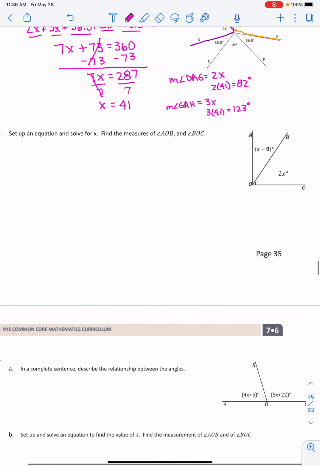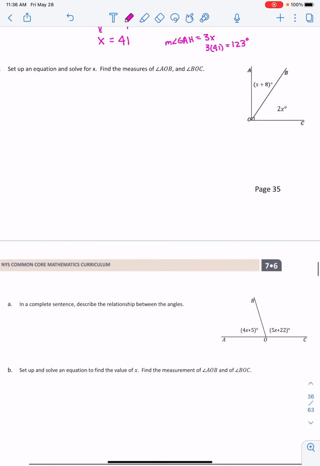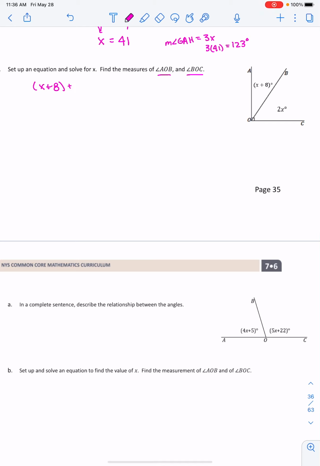My next problem, it says set up an equation and solve for x. Find the measurements of AOB and BOC. Well, this is complementary angles, and these complementary angles are going to equal 90 degrees. So we have x plus 8 in parentheses, and also I'm adding 2x, which equals 90 degrees.